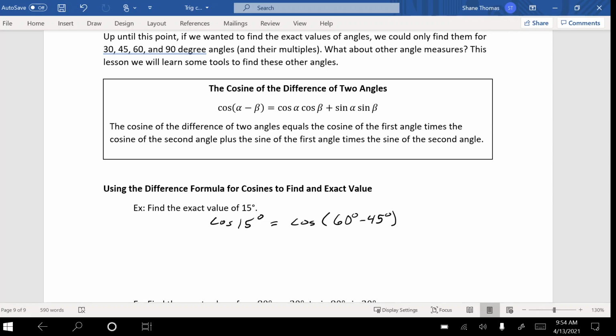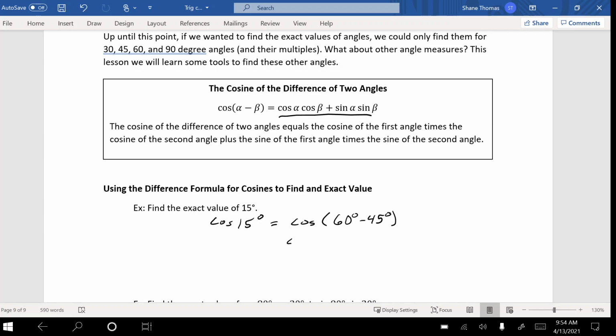All right, so the cosine of 15 degrees is equal to the cosine of 60 minus 45. Now, I'm going to apply this formula here. When I'm subtracting the two, I have to use this difference of two angles formula for cosines.